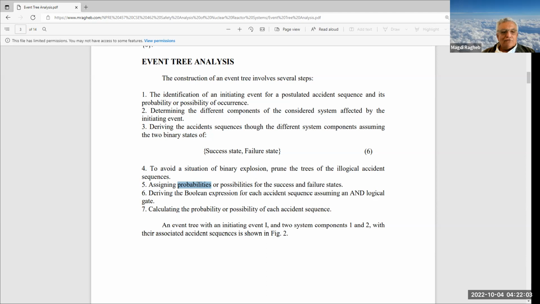If we are depending on models or the ideas or opinions of experts, then we use possibilities rather than probabilities. And then we apply the mathematics to calculate the probability of each branch of the tree occurring, or if we don't have the actual observations, then possibility theory comes to our help, and we can calculate a possibility in general.